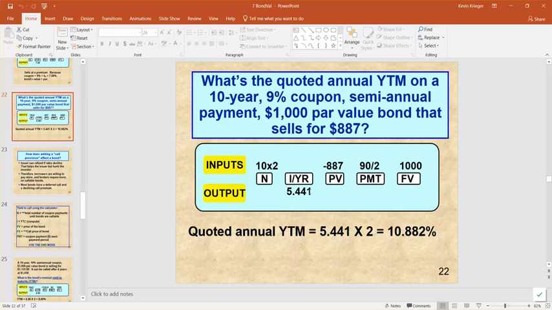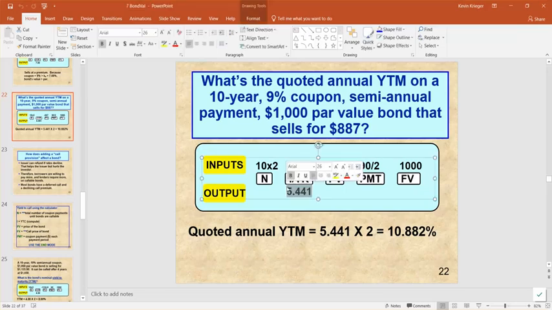You're doubling it because the yield that spits out of your calculator here in this example is a 6-month yield. But when people talk about yields, they don't talk about 6-month yields. Yields are always discussed in annual terms, so that's why you double the answer. And again, if you fail to do it this way, if you just act as if it's annual, the value is going to be close.